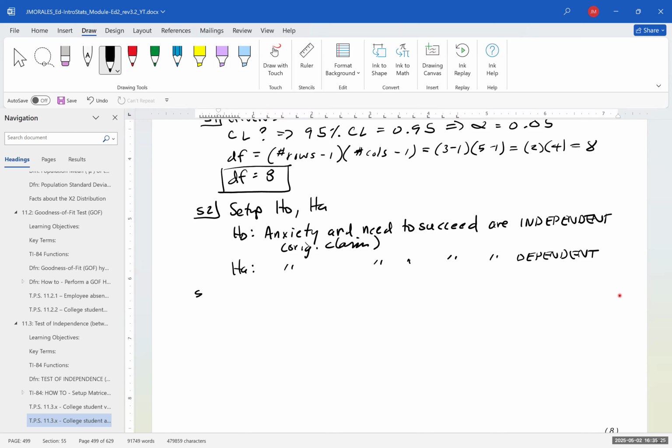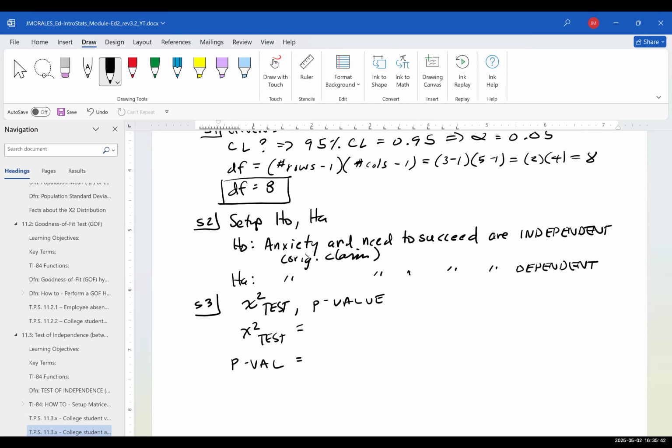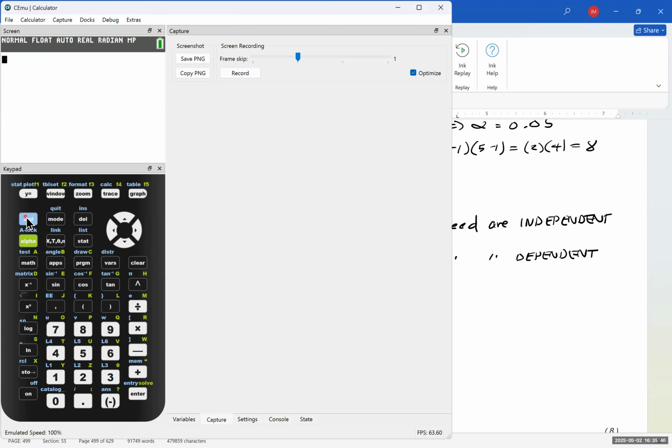Now step 3 is to calculate our chi-squared test statistic and our p-value. This comes from our sample data. On the Texas Instruments calculator, this is where you need to enter the table of data in a matrix.